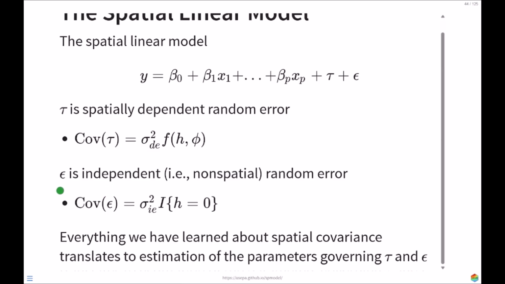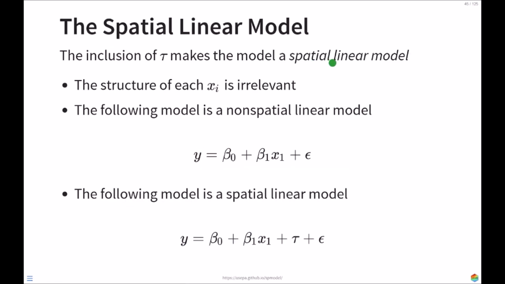This is the independent or non-spatial random error. This is the second piece of that function we just explored. So everything that we've learned about spatial covariance translates to estimation of the parameters that govern these random errors, tau and epsilon. So our modeling of spatial covariance is actually on the tau and the epsilon terms and the parameters that compose that function.